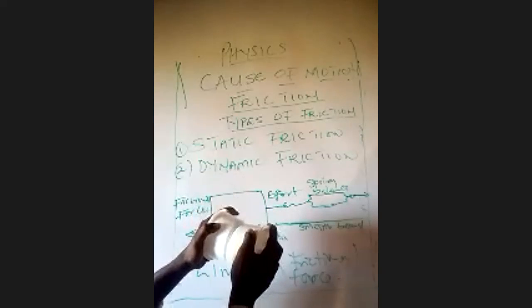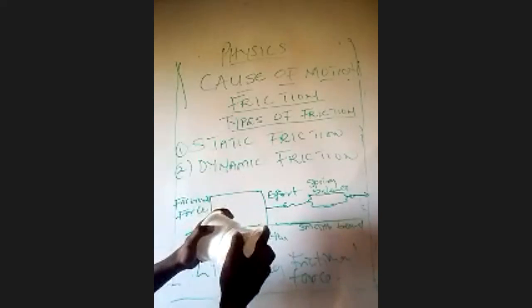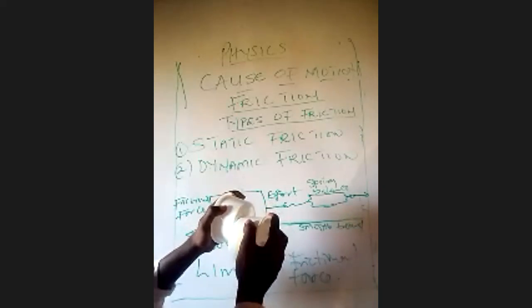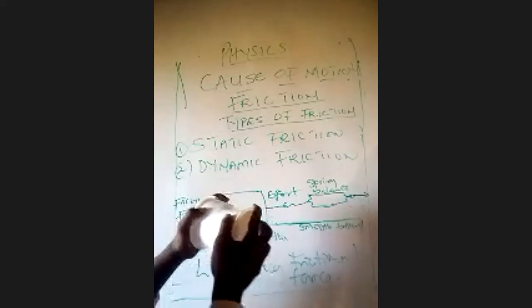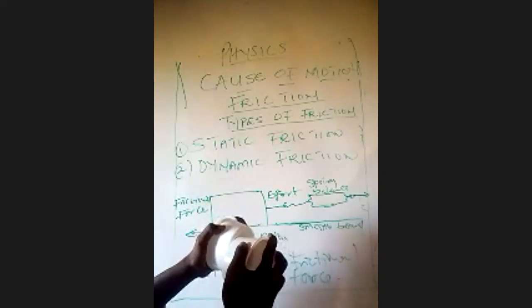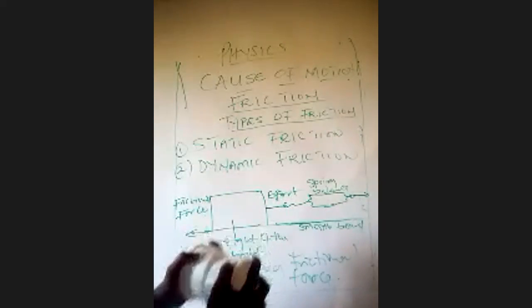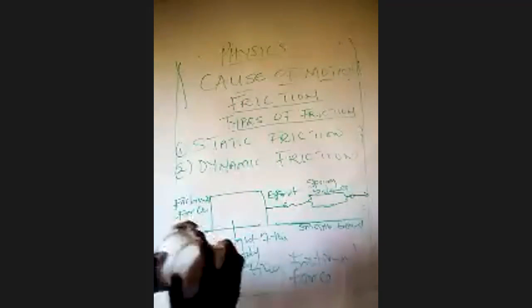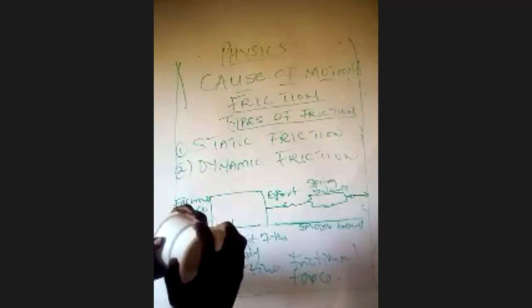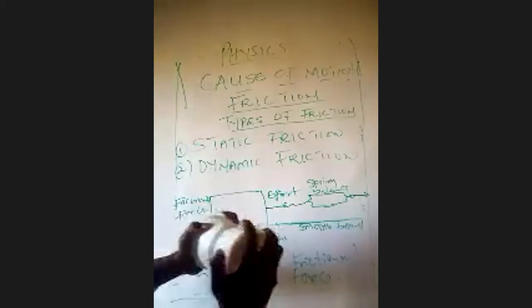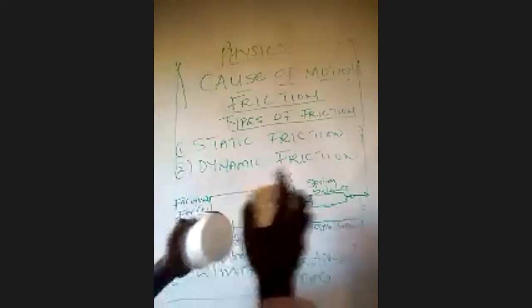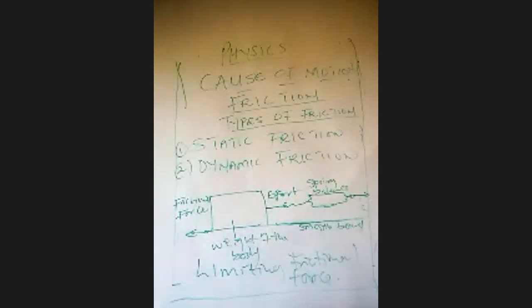That force is the maximum force that I can apply to move these two body surfaces over each other. The force that I apply to move these two bodies over each other is what we refer to as the limiting frictional force. No matter what, if you want to move the body, there is a force you must apply to it. That must be your limiting force. Because it's frictional, when the body is being moved, you have to hold it tight while moving it. So the force that is applied is what we refer to as the limiting frictional force.